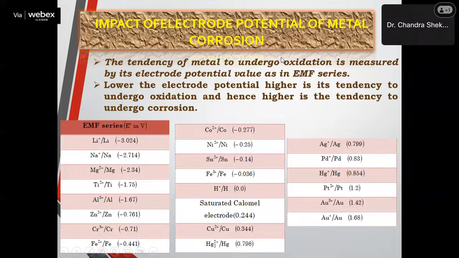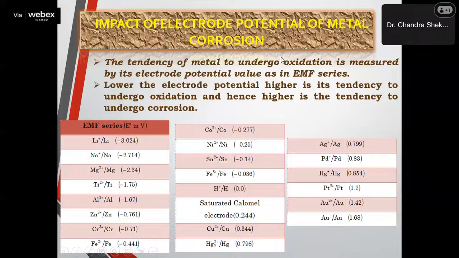Similarly, whatever the metal we take, we cannot measure the absolute potential or absolute tendency of any metal to undergo oxidation or to undergo reduction. And hence in electrochemistry, we express the tendency of any metal to undergo oxidation or reduction only with respect to a standard reference.